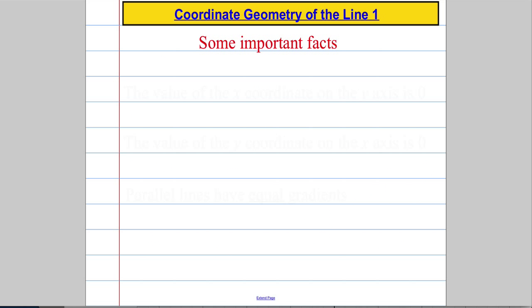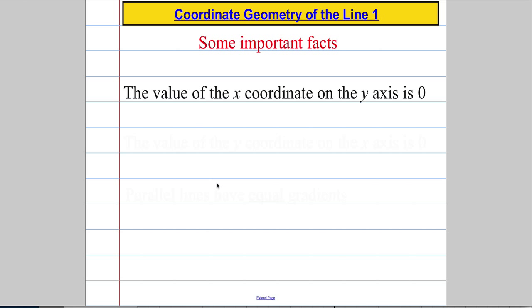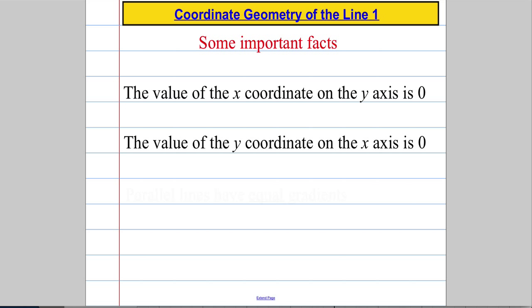Okay, so a couple more important facts we need to remember from GCSE. One of them is that the value of the x-coordinate on the y-axis is always 0, and the value of the y-coordinate on the x-axis is always 0. So we've already met this idea in the previous example, because for the y-intercept the x-coordinate was always 0, and the y-value was c.